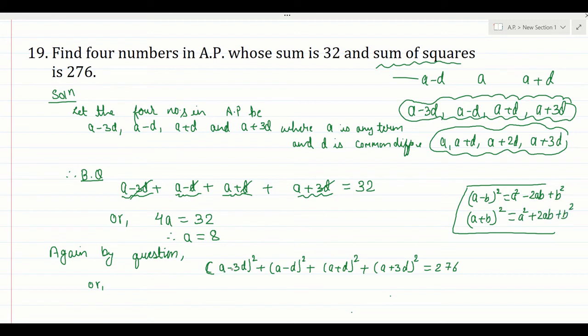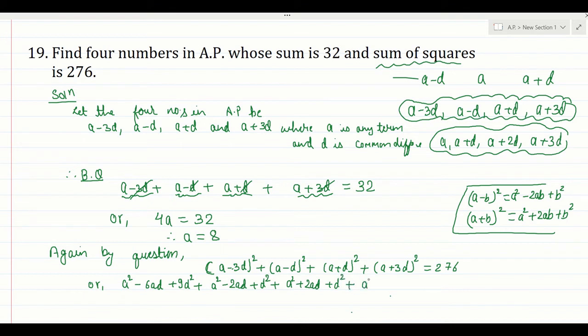So here we have a minus 3d whole square, so it is a square minus 6ad plus 9d square. Then here it is a square minus 2ad plus d square, plus here we have a square plus 2ad plus d square.